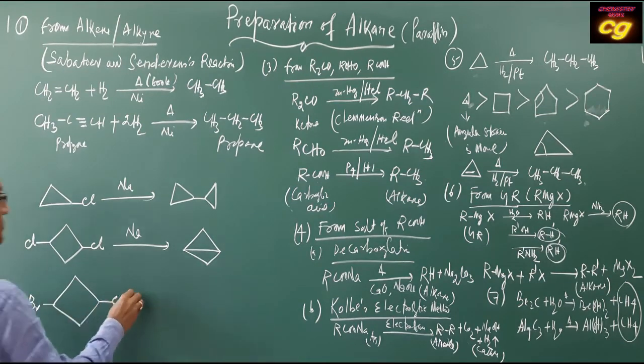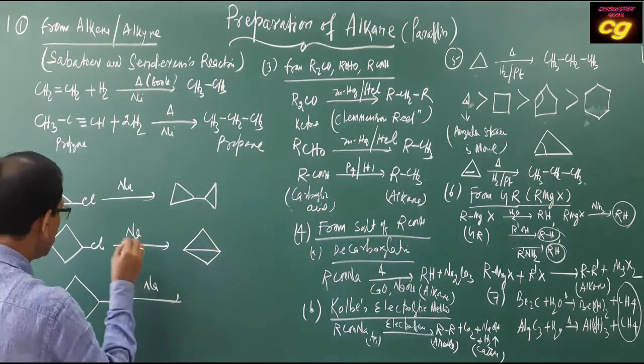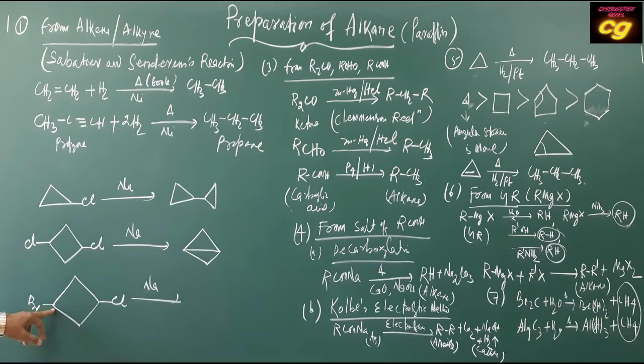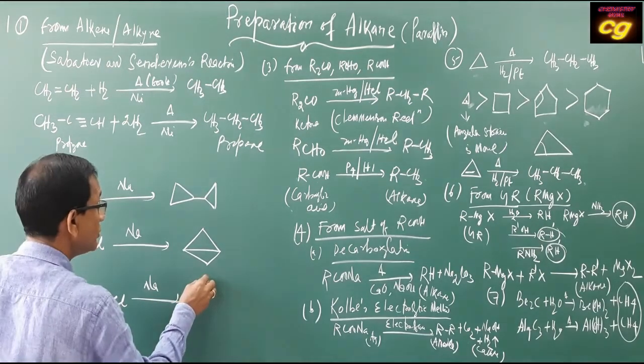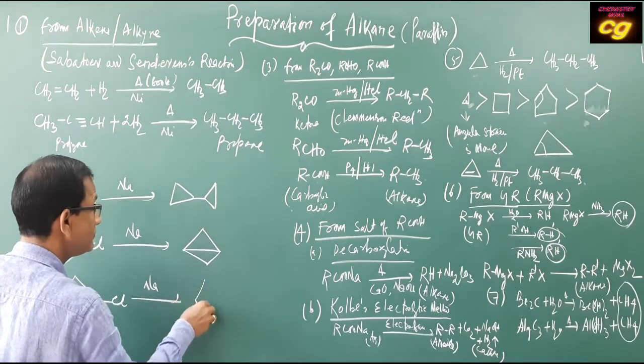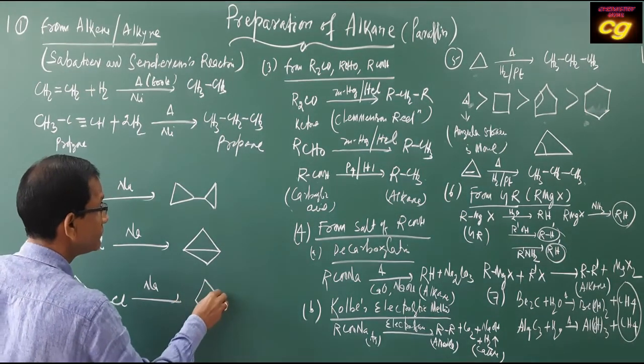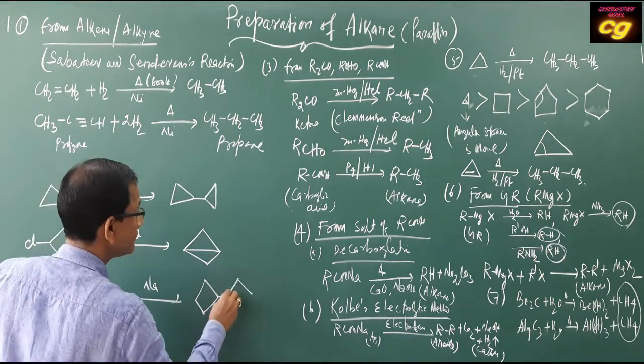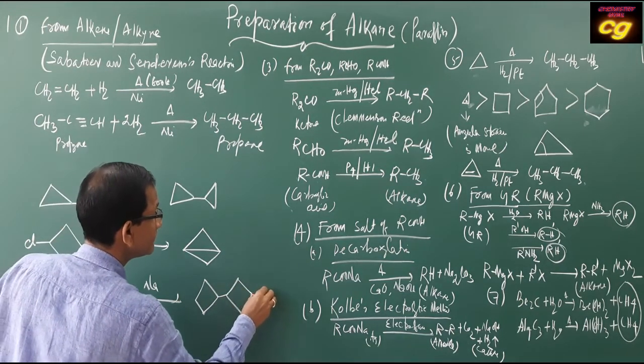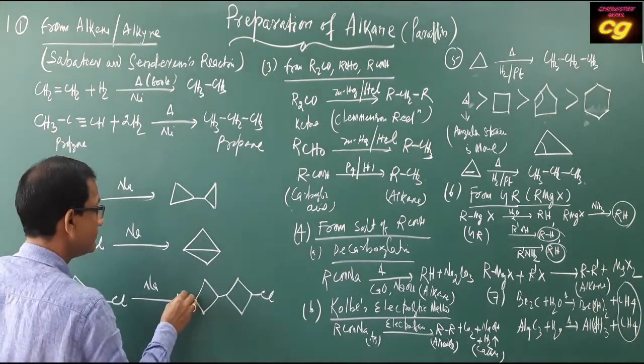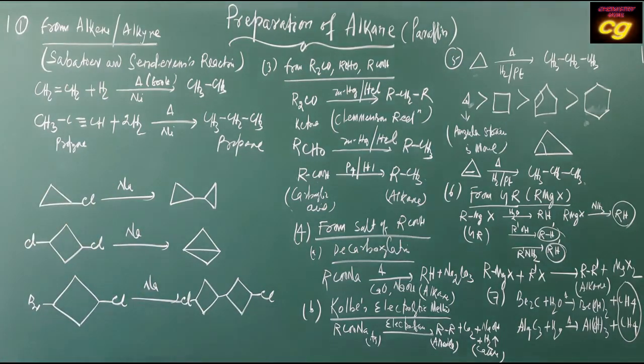Two halogen attachments. Here add this bond. This bond is weaker than this bond because it is the larger side, this the smaller side. So it will be considered, so the product will be this type of product also formed.